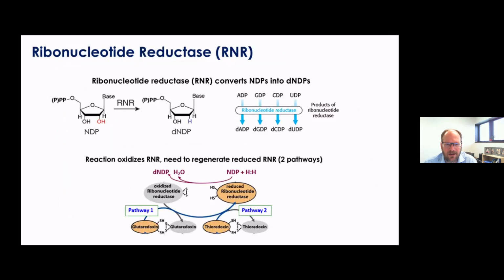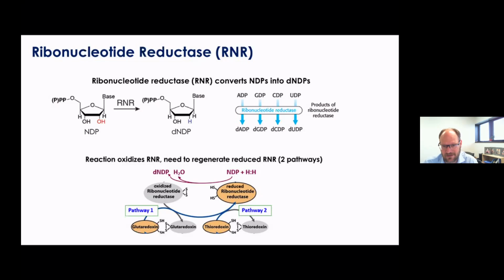Ribonucleotide reductase is a really critical regulatory element in ensuring you get all the right kinds of bases. This is for making deoxyribonucleotides, I should say. If you want to make DNA, you start with the nucleotides for RNA and convert them into the nucleotides you use for DNA: deoxy-ADP, deoxy-GDP, deoxy-CDP, and deoxy-UMP.